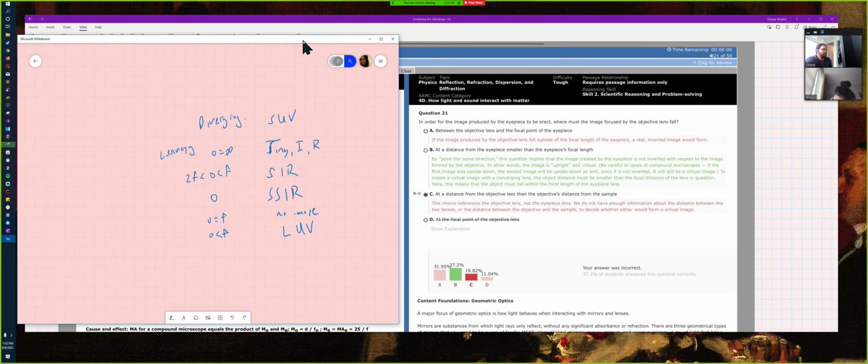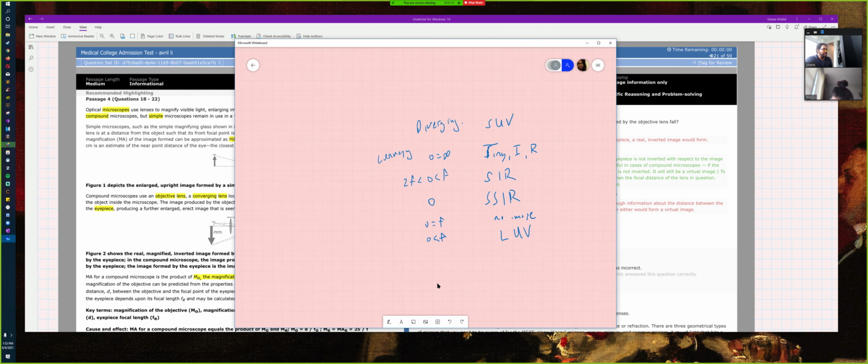Yeah, I see that. So I would just memorize this. Even if you don't memorize part of it perfectly, you can still figure stuff out. Because I write it like this: diverging stuff always produces a smaller upright virtual image.